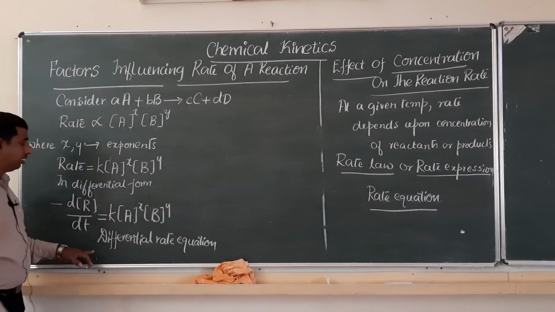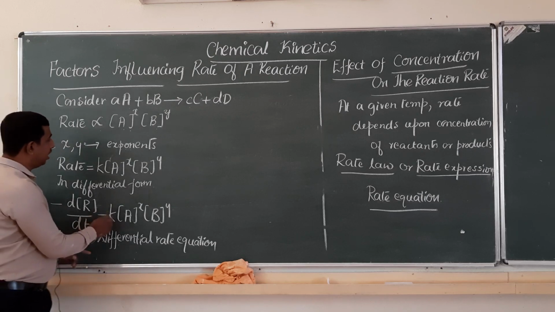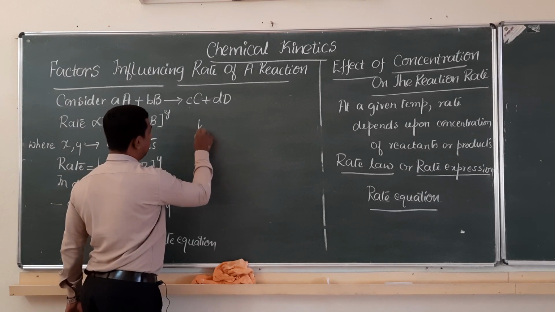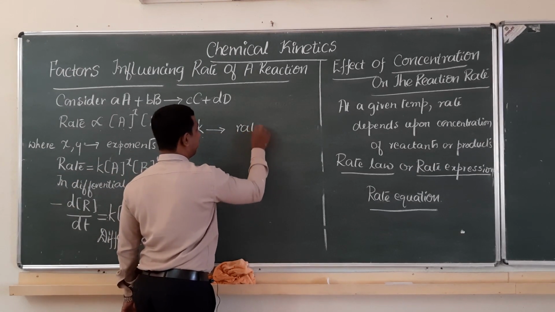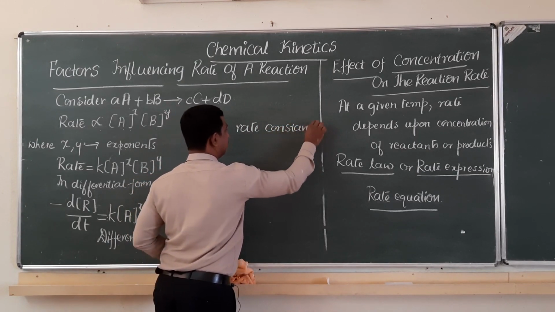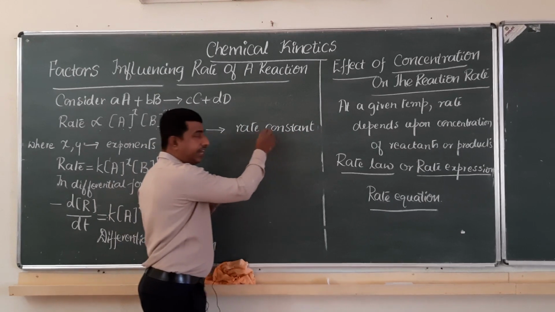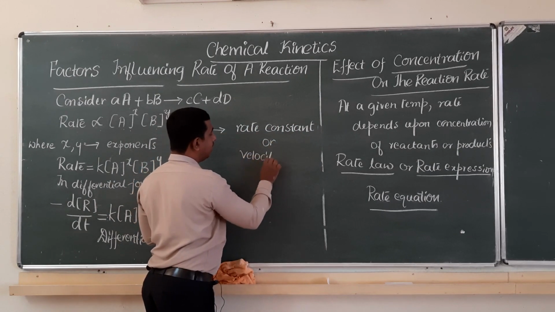Differential rate equation. Whereas k is the proportionality constant. What is it? k is the rate constant, or it is also called the velocity constant.